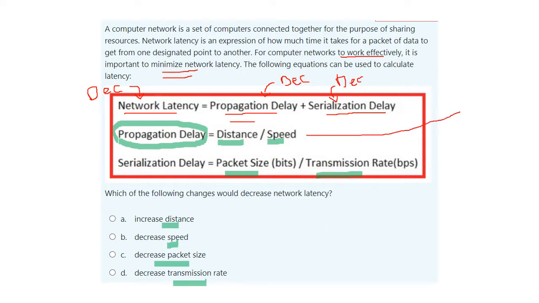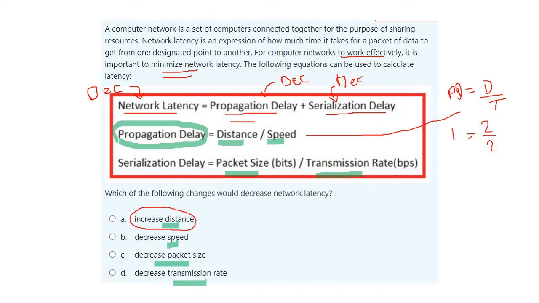So let's say that we start with this formula. The propagation delay is equal to distance over time. Let's just put in some numbers so that we can imagine this. So propagation delay is equal to 2 divided by 2, so we get a propagation delay of 1. If we increase the distance, what would happen?